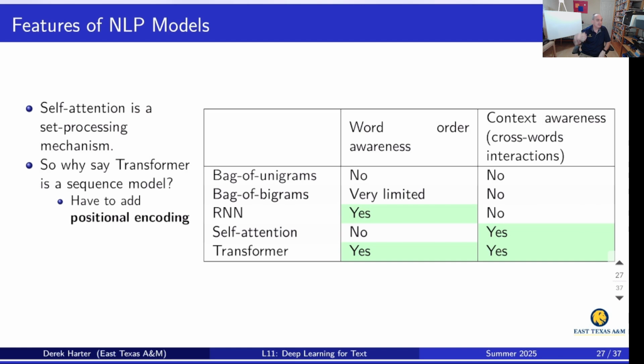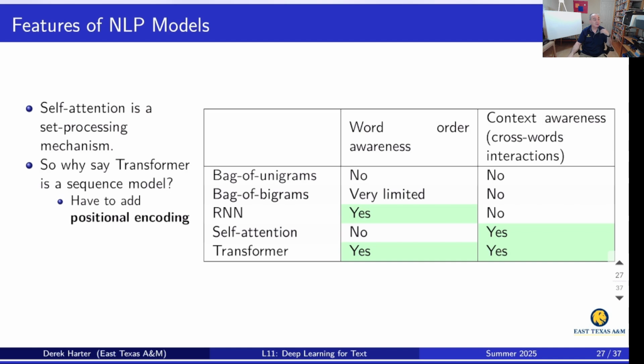But the way we've used them, they don't have something like a multi-head layer, so they don't focus on the data coming in. Self-attention by itself with the multi-head layer in our transformer so far really didn't have word order awareness, so it was still treating the words input as a set.